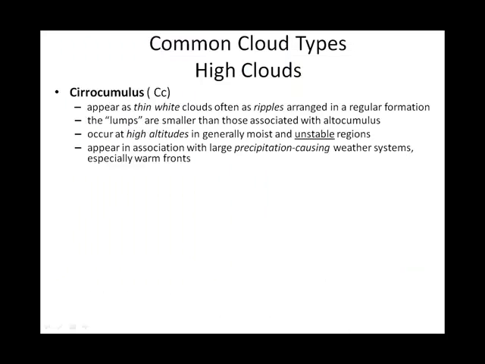So cirrocumulus, remember we have three high clouds, and the high clouds have this prefix cirro, at least C-I-R-R. A cirrocumulus would be high and fluffy. These are the ones that look like mackerel skies, fish scales sometimes, little cotton balls.